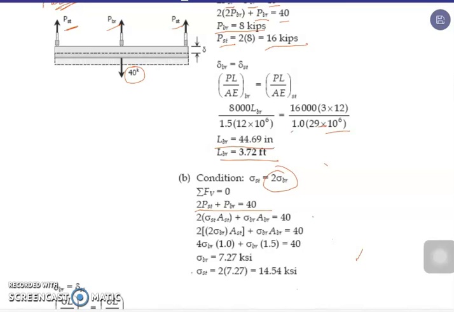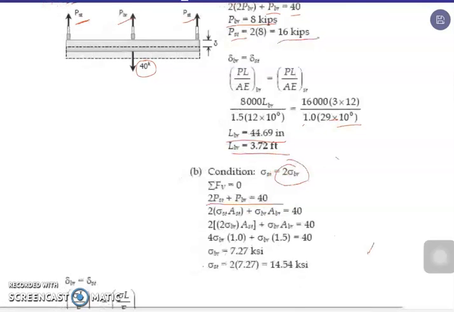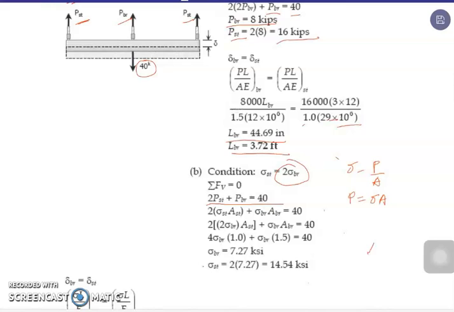Of course, stress is equal to P all over A, so P is equal to stress times the area. So we can have our equation now: 2 times the stress on the steel times the area of the steel plus the stress on the bronze times the area of the bronze is equal to 40.